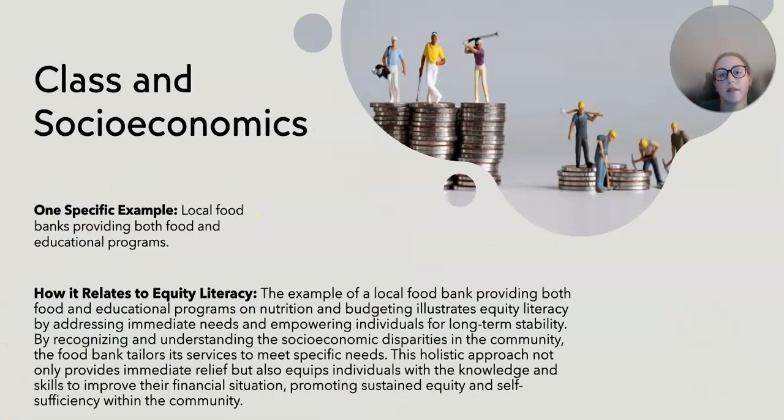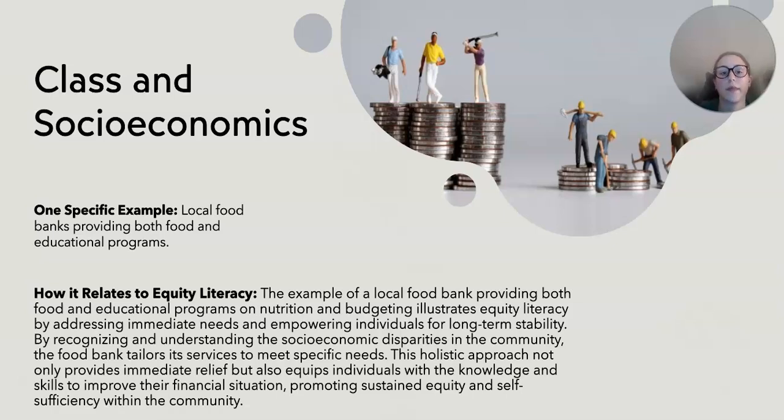The last specific topic we're going to cover is class and socioeconomics and how that relates to equity literacy. For this topic within my research, I found that local food banks not only provide food, which is helpful, but also provide educational programs.